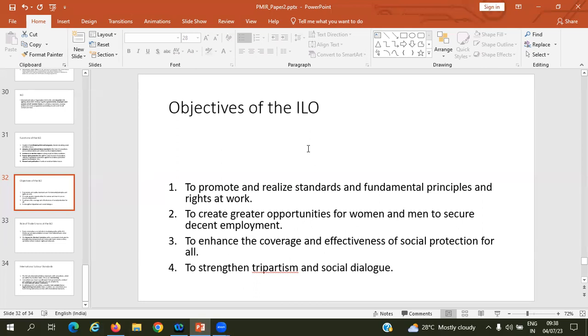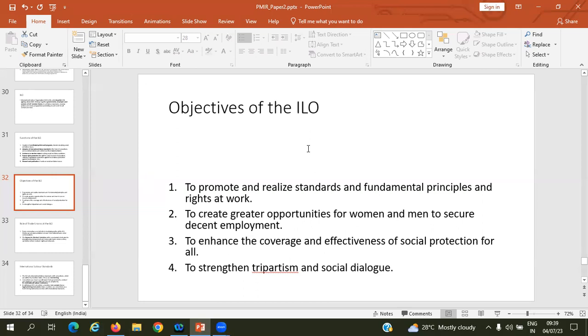Most of the time women don't go outside to work because they feel the society is not good for them. So if ILO is providing that kind of facility, that kind of equality in the society, then women employees can join the work more and that discrimination will not be there. ILO is responsible for that.